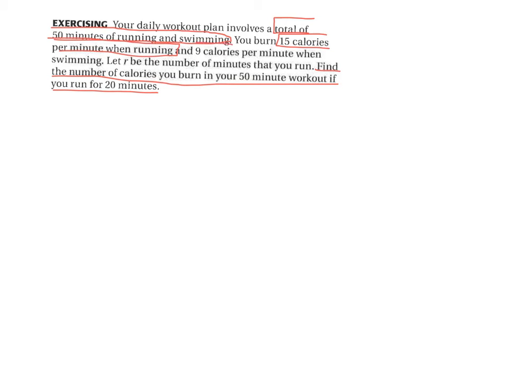And 9 calories per minute when swimming. So lots of important information here. And then it says R is the number of minutes that you run. So I'm going to get rid of all this other information I don't need. And now we have all of our information.